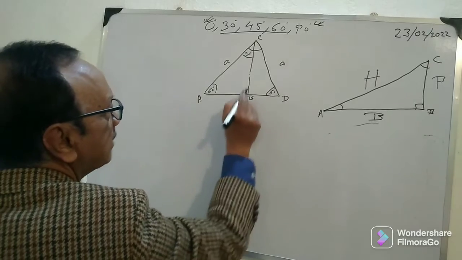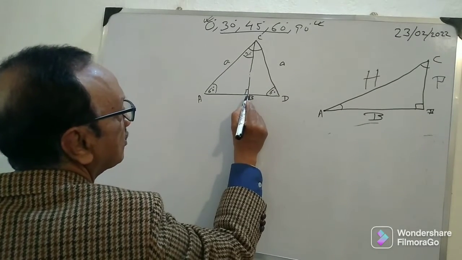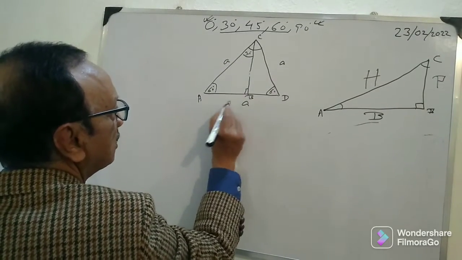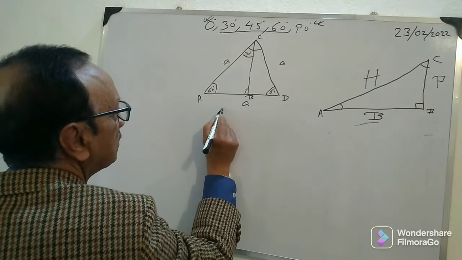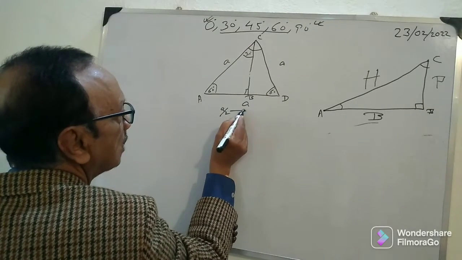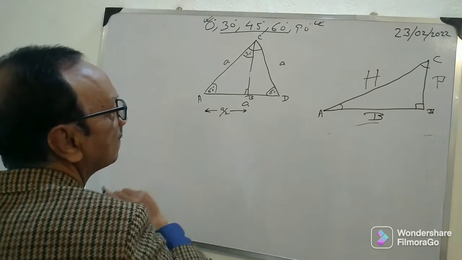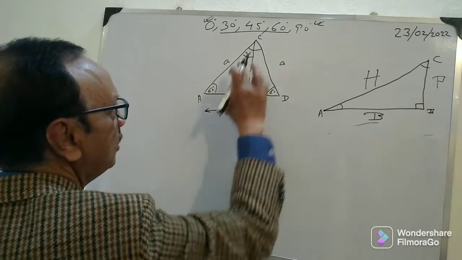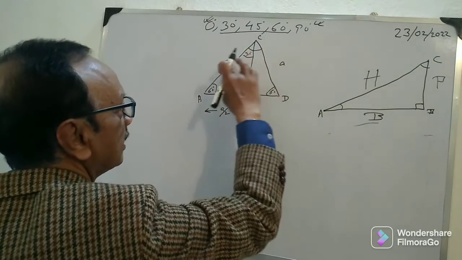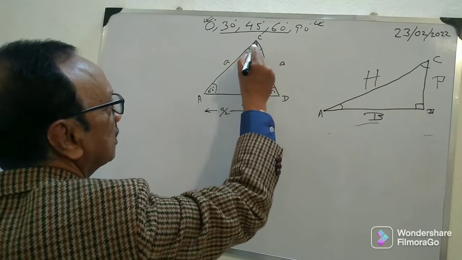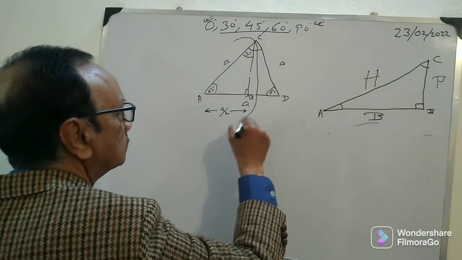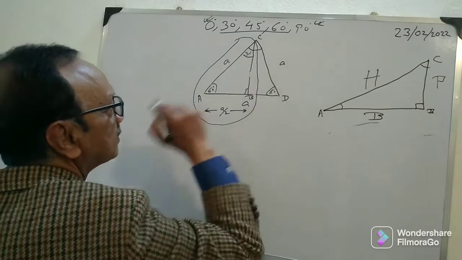Now, as B is the midpoint of the equilateral triangle's base, I can say AB is half of it, so this distance is A by 2. If I know this height, I can get all three sides. Look at the left hand side.